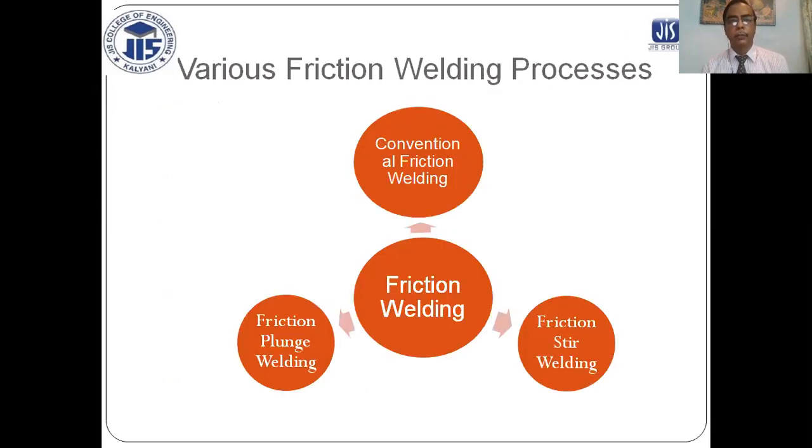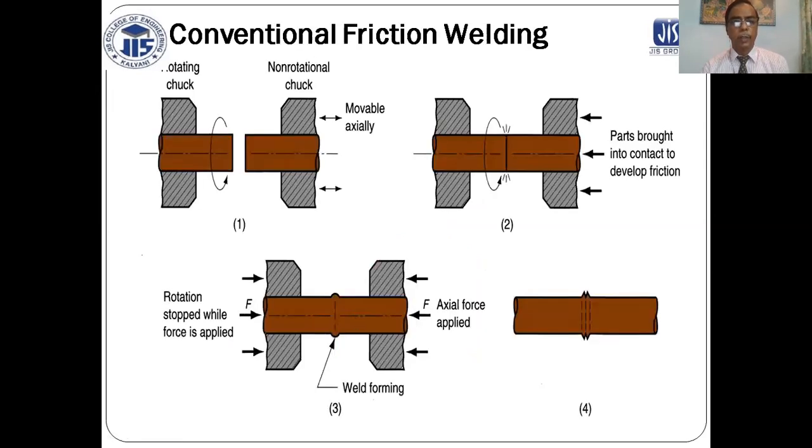Various friction welding processes: conventional friction welding, friction plunge welding, and friction stir welding. Friction stir welding is widely used nowadays. This is conventional friction welding. One is fixed, another is movable.